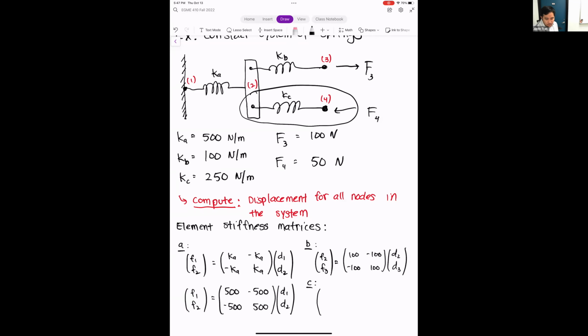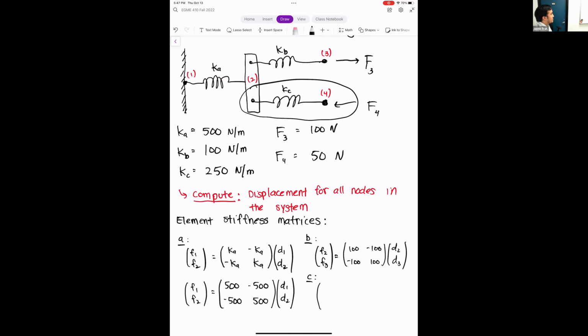When you're doing these kinds of problems, it's tempting to get into a rhythm. Element A is attached to 1 and 2, element B is 2 and 3, and then you would say that C is attached to 3 and 4. But you have to look back at the figure and see that element C is actually attached to nodes 2 and 4.